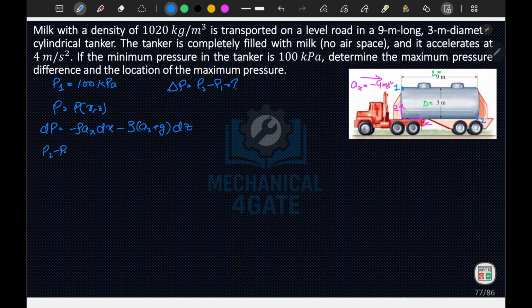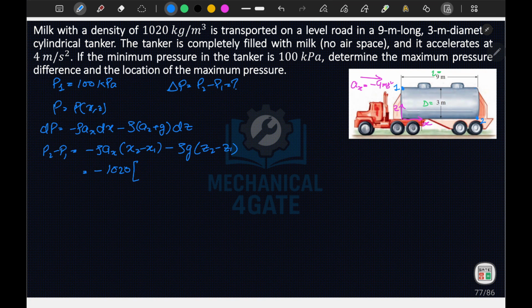I will get P2 minus P1 is equal to minus rho Ax times x2 minus x1, minus rho Az, which is 0, so rho g times z2 minus z1. Now if we substitute the values, let's take rho is equal to 1020 for milk, as given.